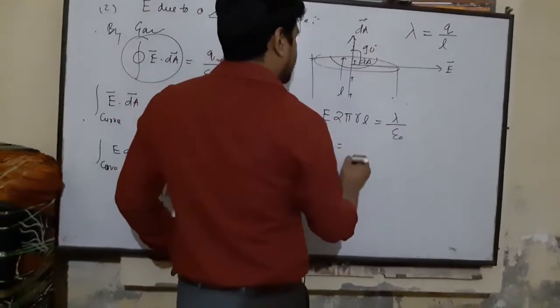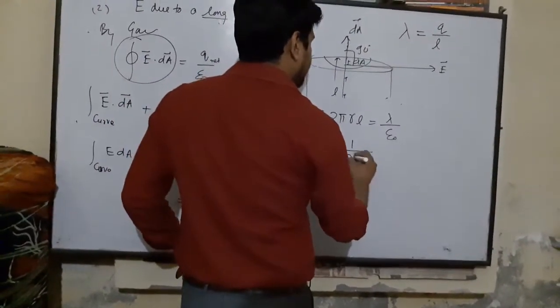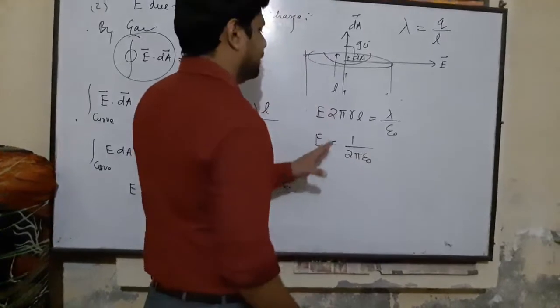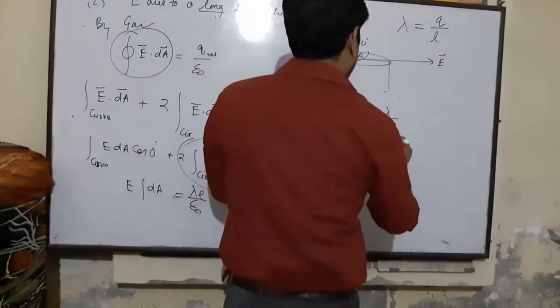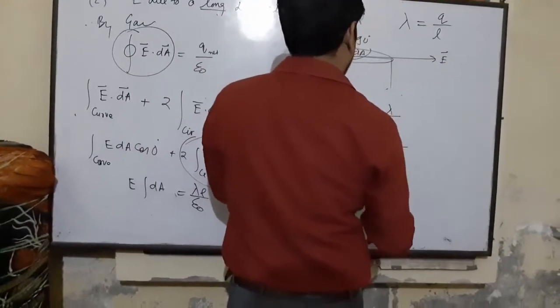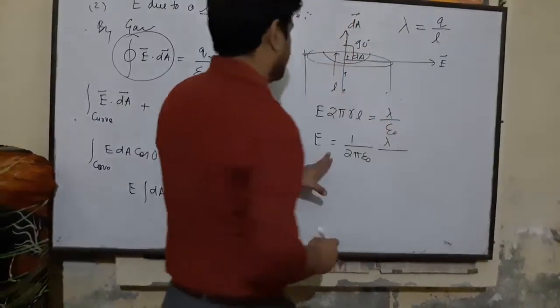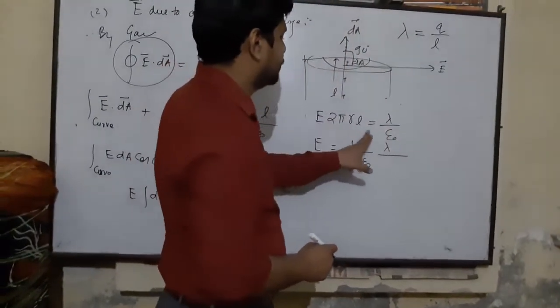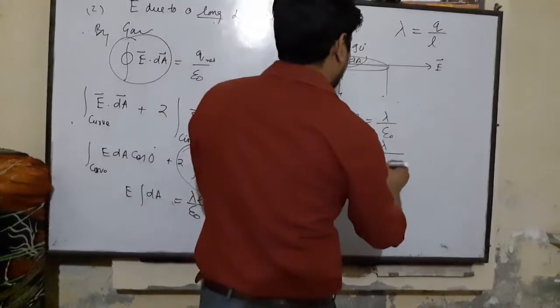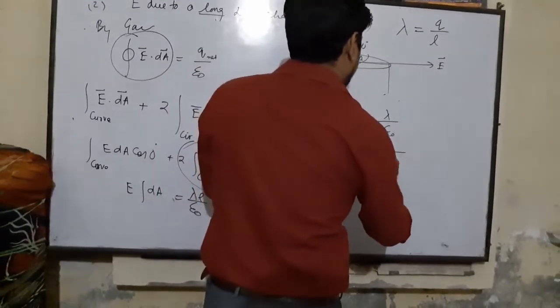Then E is equal to lambda L over 2 pi epsilon naught times L into R.